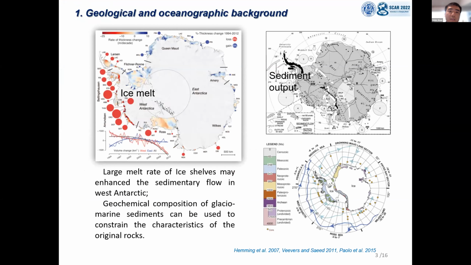We know that the ice melt is increasing in recent years, in particular in West Antarctica. So the large melting rate of ice shelves may enhance the sedimentary flow in West Antarctica. This figure shows the differences of the bedrocks in ages, and it shows that the West Antarctic in general is younger than the East Antarctic.